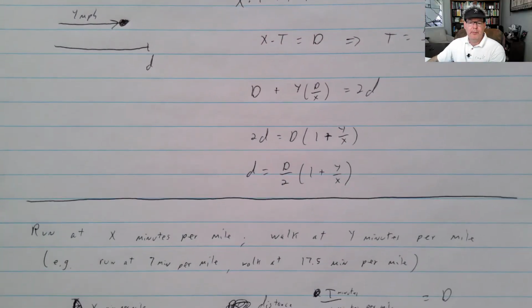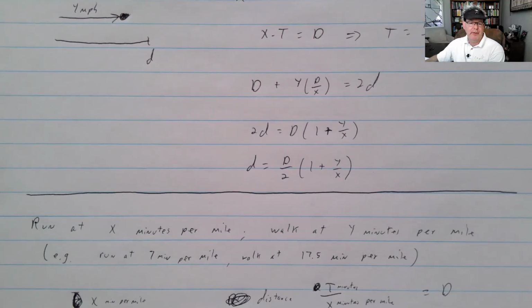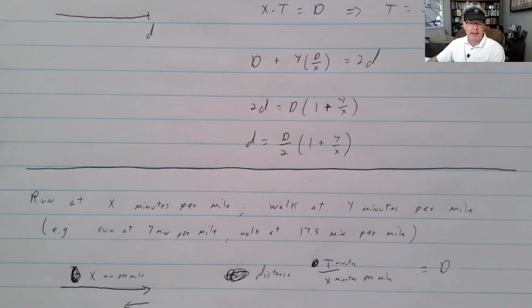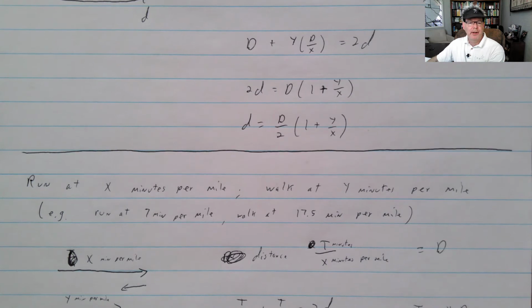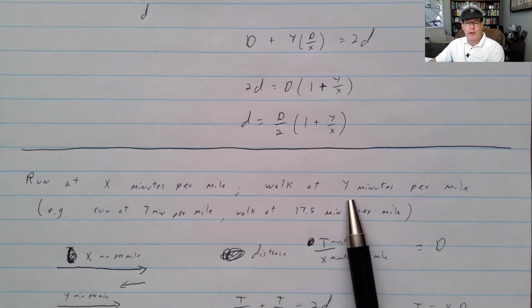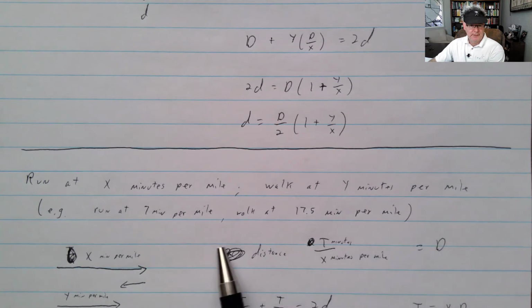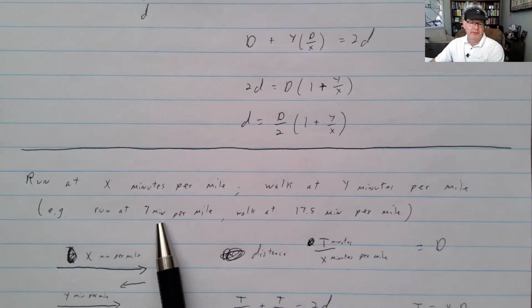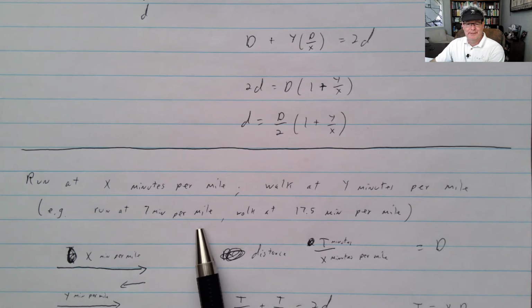Sometimes people, rather than use miles per hour, they kind of know their speed in minutes per mile. It's again the same type of math. So if you run at X minutes per mile and someone walks at Y minutes per mile, so for example, you could run a 7-minute mile. I certainly can't these days.